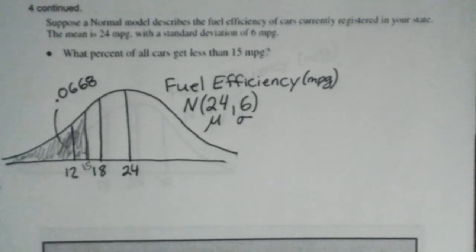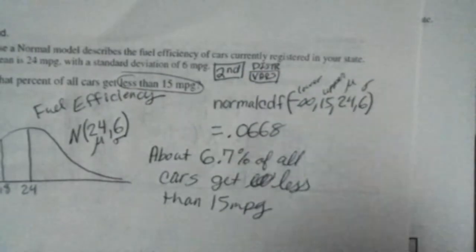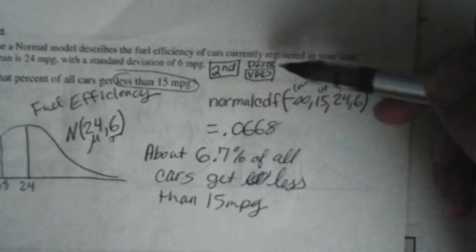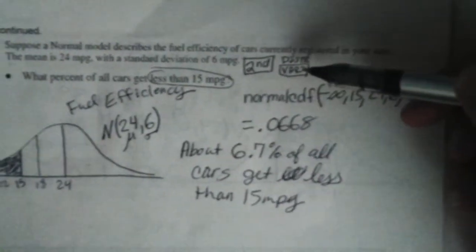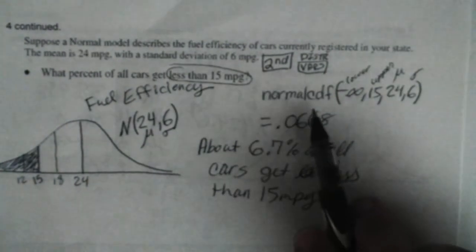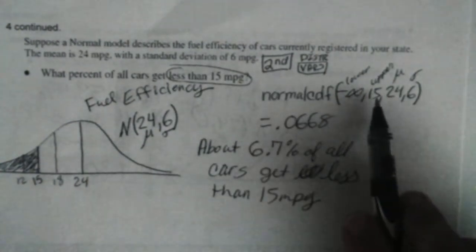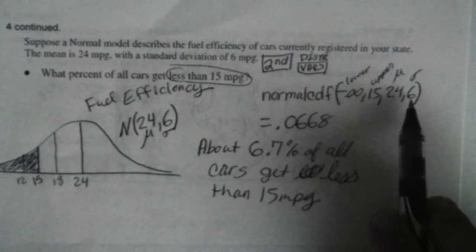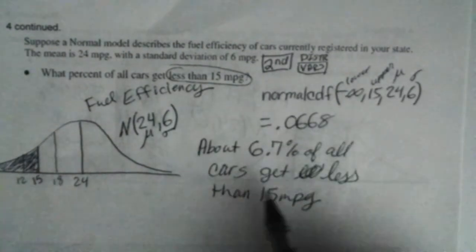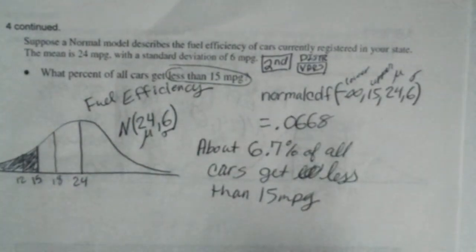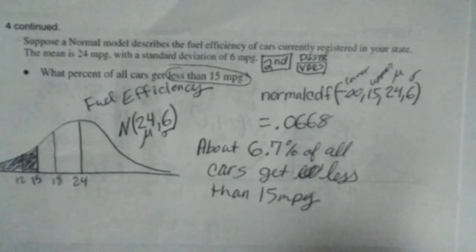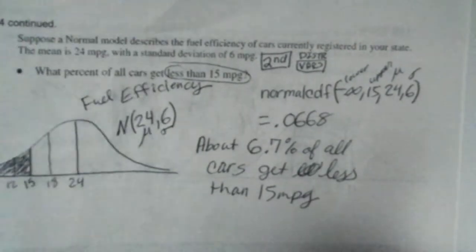Okay, so the keystrokes that I used for this problem: second, distribution, which is above your variables key, normal CDF, lower bound, upper bound, mu and sigma. Your sentence would be about 6.7% of all cars get less than 15 miles per gallon.